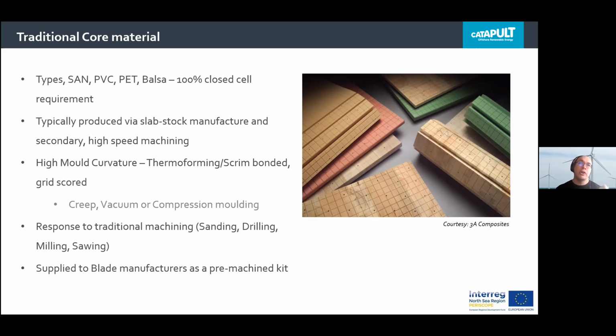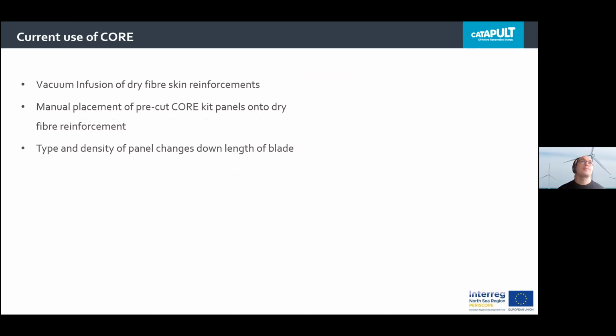So those secondary operations to the slab stock are basically what kit or third party kit manufacturers do. So they're supplied as kits that are pre-numbered and labeled and drop directly into a mold when fibers are being laid up.